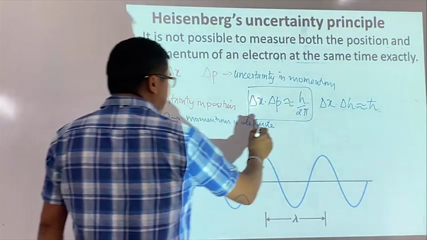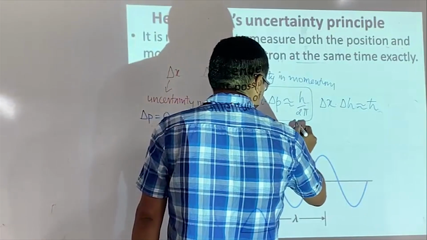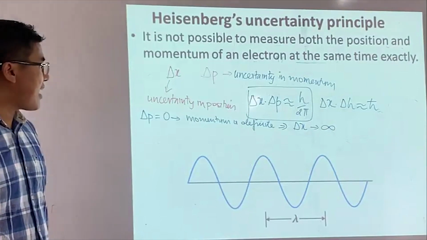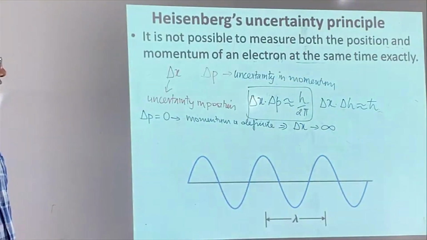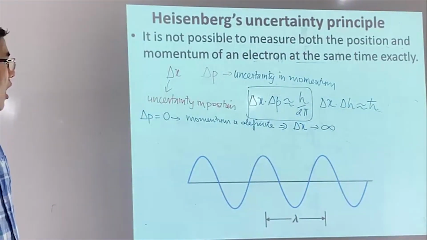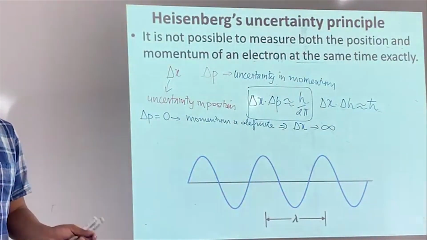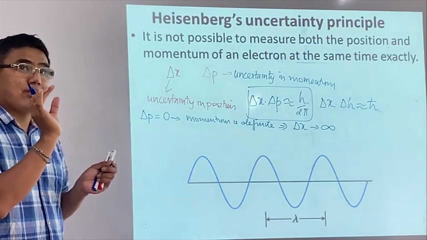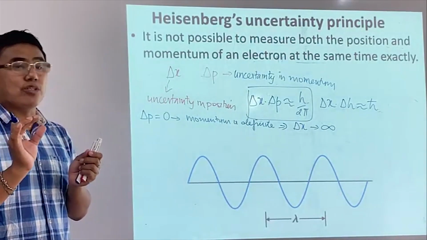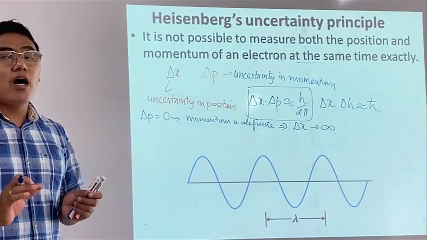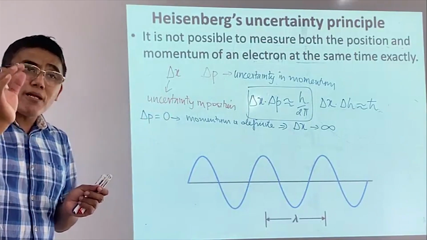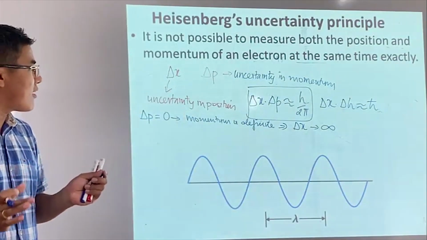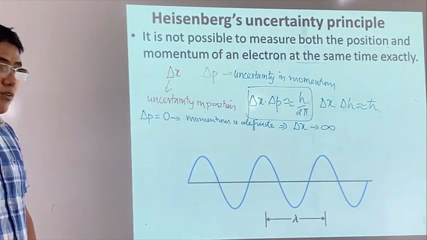This implies that delta x is infinity. That means you cannot localize the electron or say that it is at a particular position x. Delta x is the uncertainty in position. If delta x is infinity, the probability of finding the electron is everywhere in the universe. That's what we talk about.